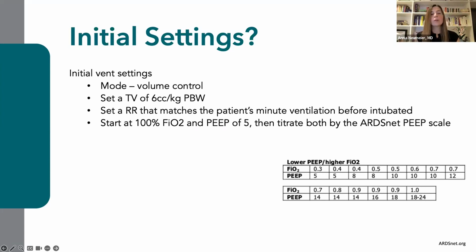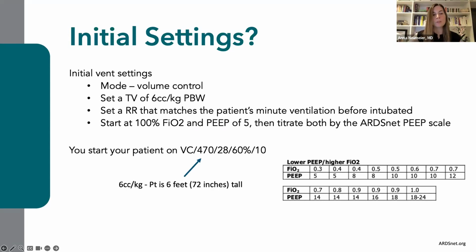And then in general, we'll start with 100% FiO2 and a PEEP of 5, and then we'll titrate both the PEEP and the FiO2 guided by the ARDSNet PEEP scale. And this was generated by multiple randomized controlled trials published by the ARDSNet Research Foundation, which helps guide us to the optimal PEEP and optimal FiO2 settings.